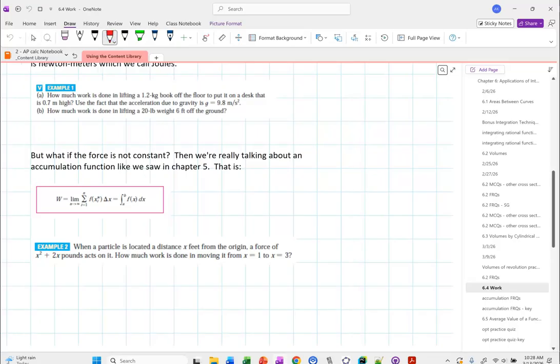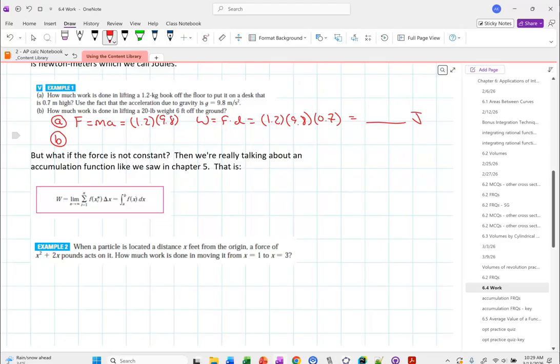The acceleration due to gravity is G. So we know force is mass times acceleration, and we know work is force times distance. And then you're done, right? Work is in joules, whatever that comes out to be. Everybody's okay?